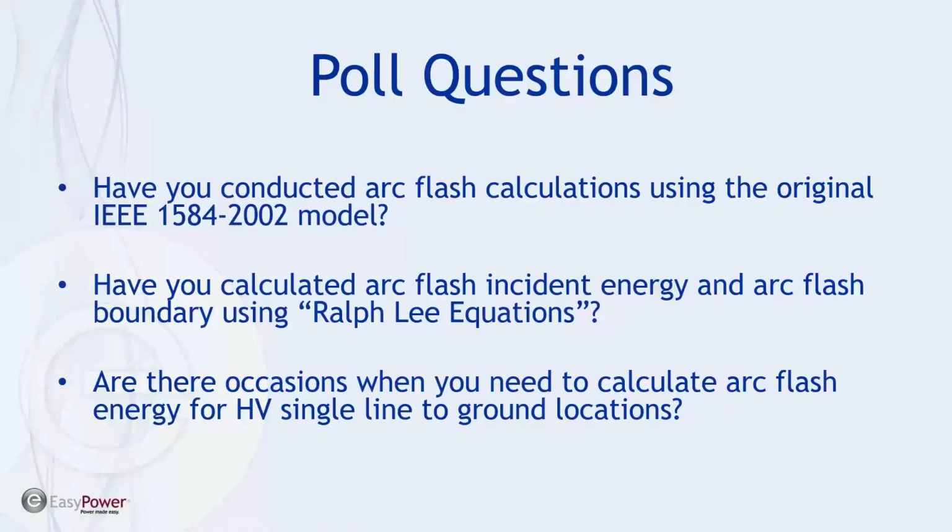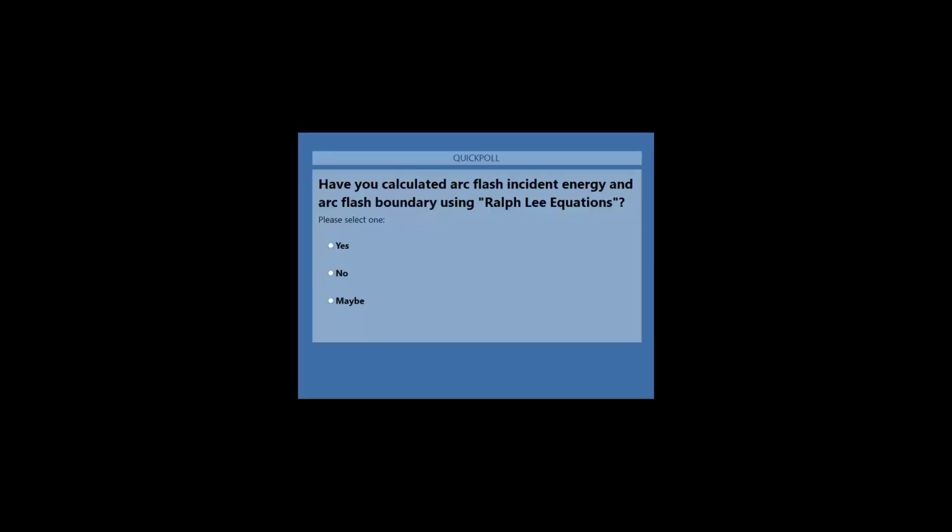So thank you. Next question is, have you calculated arc flash incident energy and arc flash boundary using the Ralph Lee equations? Again, this is something of a probe as far as how long you've been doing this, because Ralph Lee was the original, I don't want to say founder, the original explorer of the arc flash phenomena.